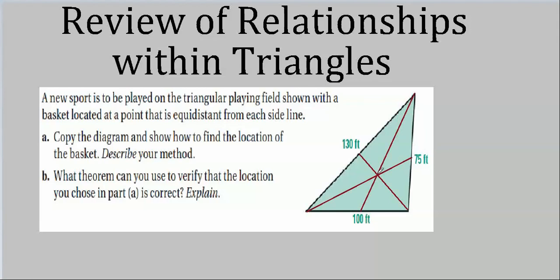What theorem did you use? Well, back a ways we had a theorem that's called the concurrency of angle bisectors theorem. I probably just call it the angle bisectors theorem, but maybe you should be more precise on the test. Concurrency of angle bisectors theorem would be the theorem, and how you did it was to draw in the angle bisectors.